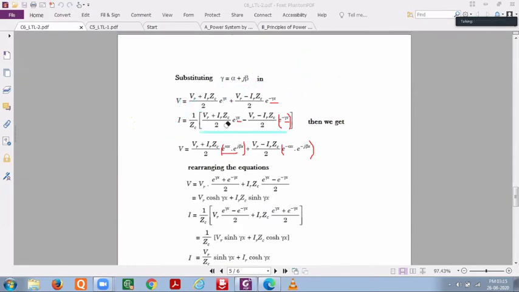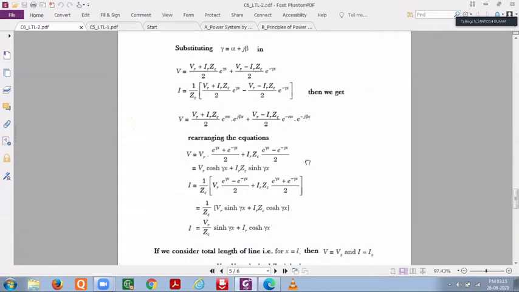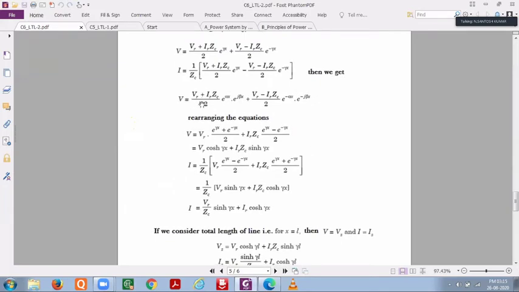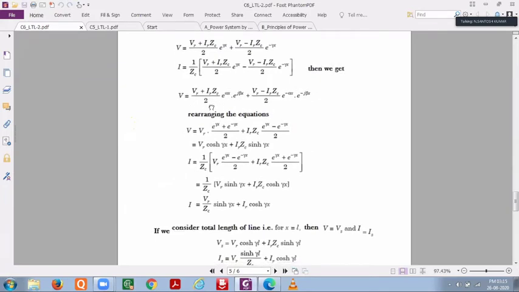I'm erasing this red box because this will be reflected in the next slide. Now, after doing this, I'm rearranging the equation.